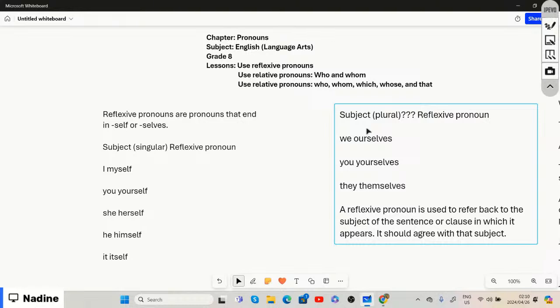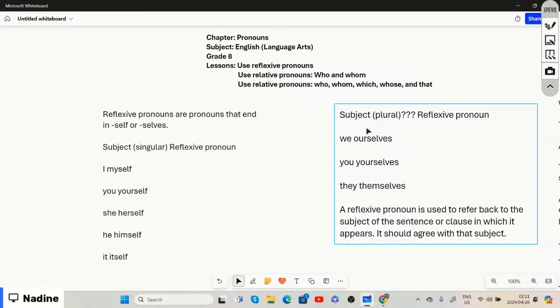And a reflexive pronoun is used to refer back to the subject of the sentence or clause in which it appears. It should agree with the subject. So, which means that if I use, for example, either myself, yourself, herself, himself, or itself, it should be referring back to the subject. If I talk about I, then it should refer back to myself. If I refer to you, it should refer back to yourself.